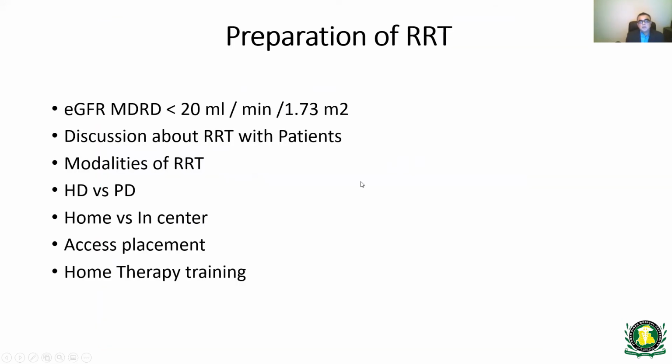And then once the GFR reaches less than 20 ml per minute per 1.73 meter square, you start discussion about renal replacement therapy with the different modalities, hemodialysis versus peritoneal dialysis, home dialysis versus in-center dialysis, and then we talk about the access placement. So there are basically three major types of access for hemodialysis.